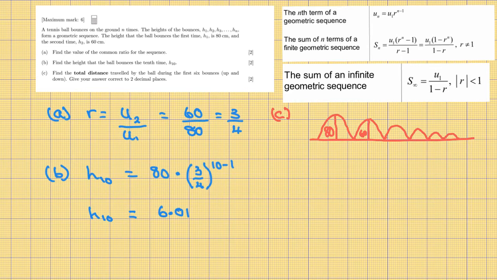So in this question, you want 2 times the sum of the first 6 terms, which is equal to 2 times u1, which is 80, times r to the n, r is 0.75, to the 6, minus 1, divided by r, which is 0.75, minus 1.